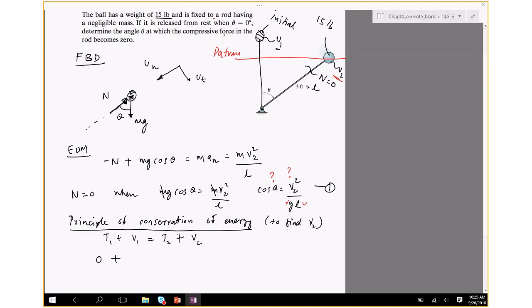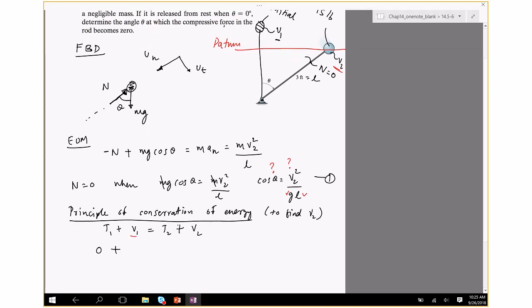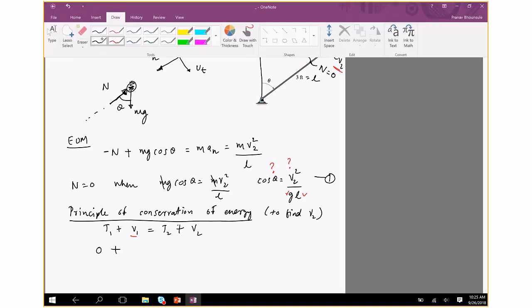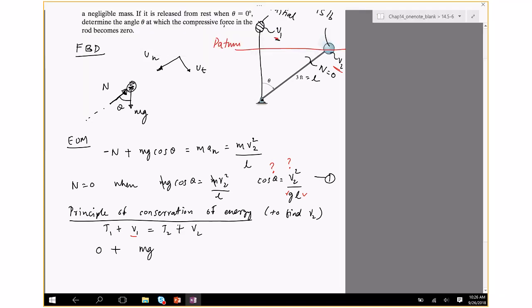Now we ask ourselves, what's the initial potential? It's going to be mg times this distance. We can find this distance by noting that this length is L cosine theta, right? If this is length L, then the vertical is going to be the component of L, and you need to use cosine.